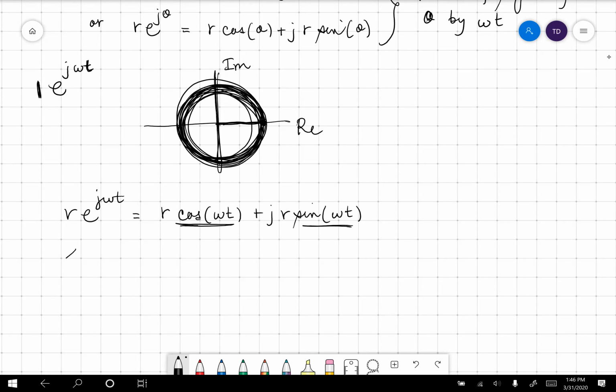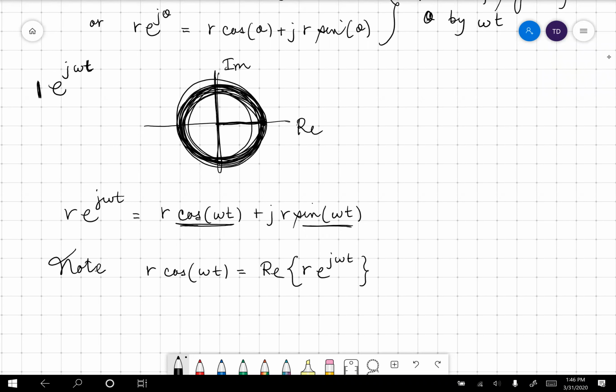Note that r cosine of omega t is equal to the real part of r e to the j omega t. I just want you to note that.